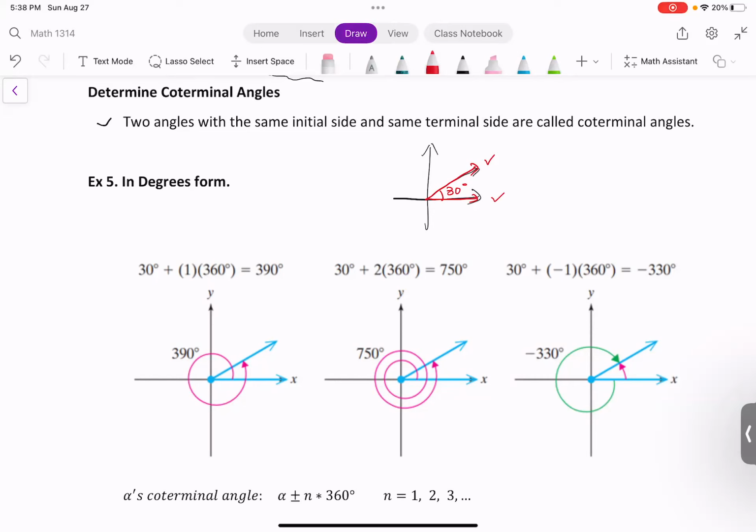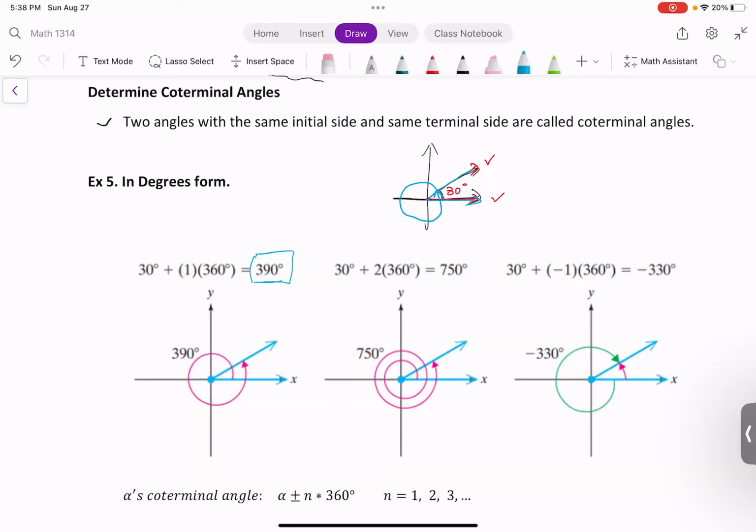I rotate from the initial side to the terminal side and make 30 degrees, and then I didn't stop. I continue to rotate all the way back here. Look at the blue ray. The red and blue have the same initial side and the same terminal side, but the angles are different.